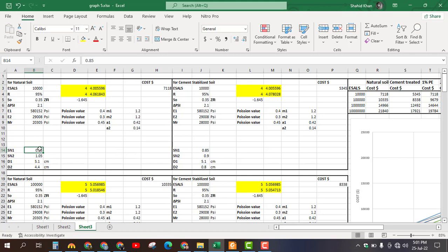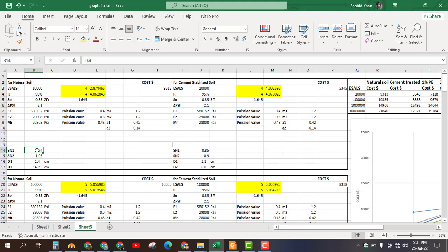Just by changing the SN1 value, this value gets changed. Like here it is now 0.85. If we just make it 0.4, the value changed. So 2.87 is smaller than the left hand side of the equation. In order to make it equal, we will just change this value until the left hand side becomes equal to the right hand side.